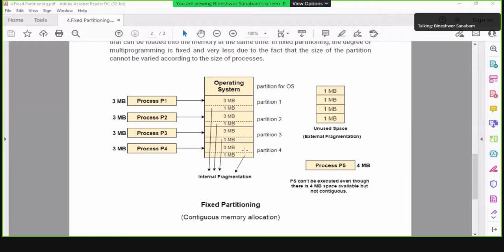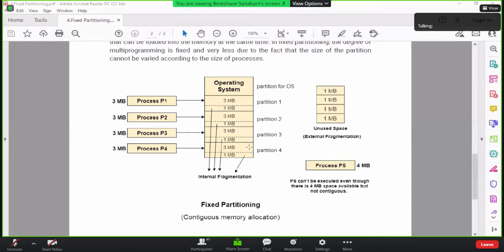So when the wastage is inside the same partition or the same block, we call it internal fragmentation.